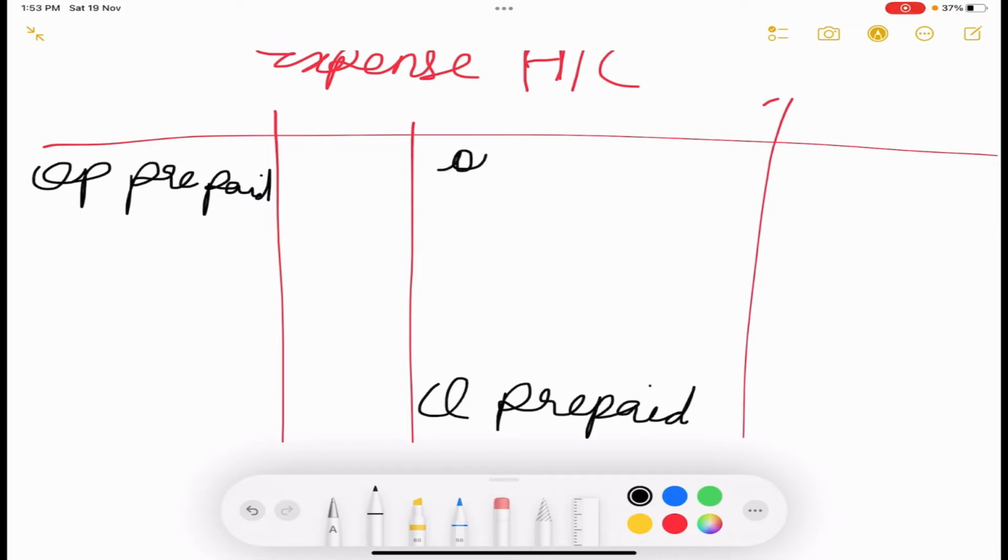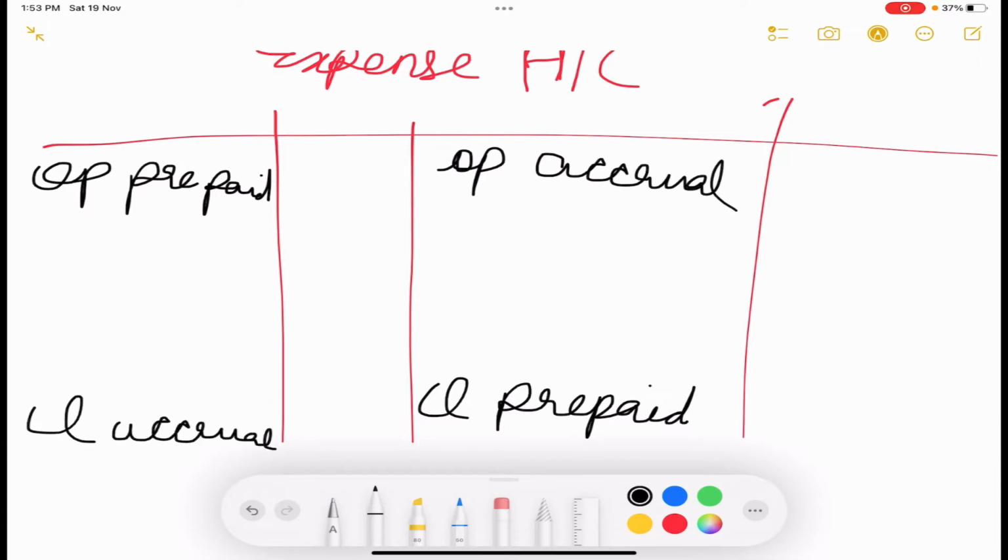We know that this is the opening accrual, and this is the closing accrual. We know that this is bank, whatever has gone out of the bank this year. This is the P&L, which is a balancing figure, but this shows the exact expenditures which belong to this year.